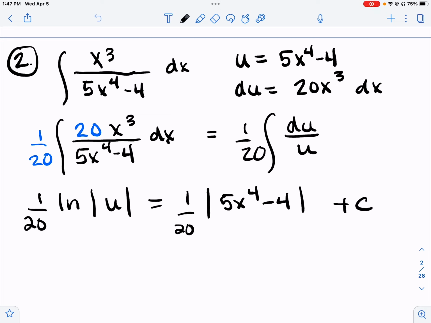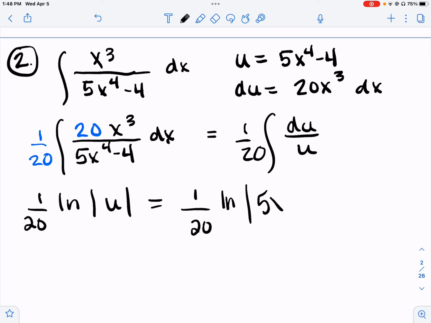That gives us 1 over 20 du over u. The integral of that is ln, so we have 1 over 20 ln of 5x to the 4th minus 4 plus c.